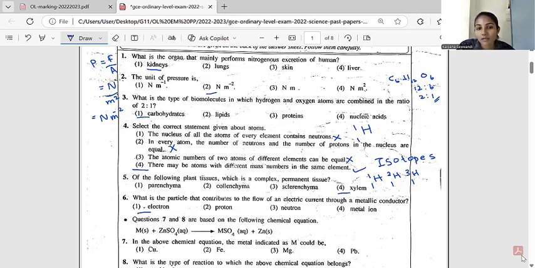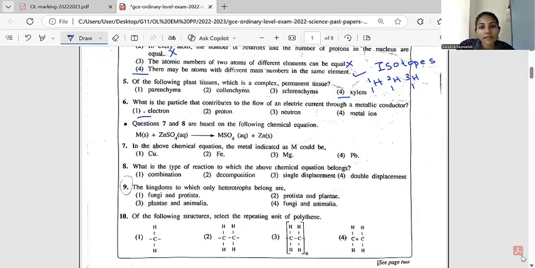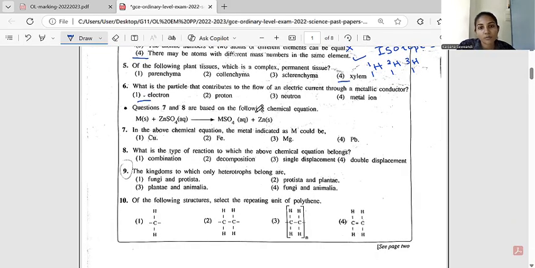Question 7. Questions 7 and 8 are based on the following chemical equation. M is a symbol in the equation. In the 7th question, we have to identify what is indicated by M. M is a solid, and with zinc sulfate, it produces MSO4 and zinc.